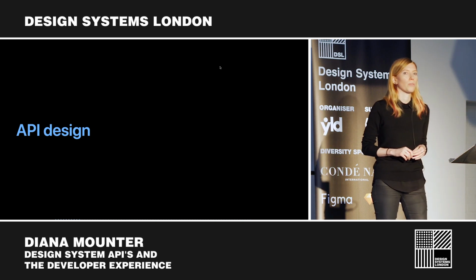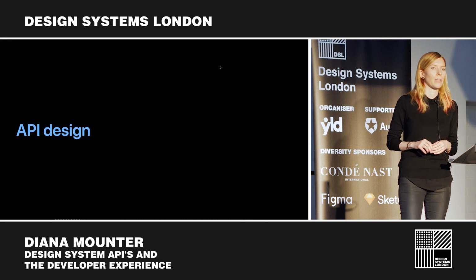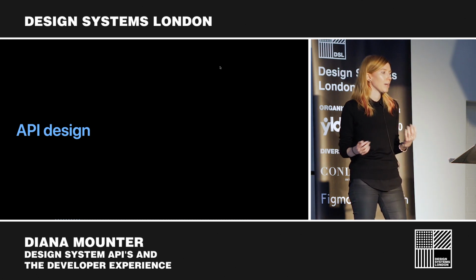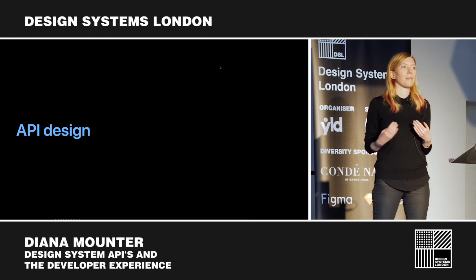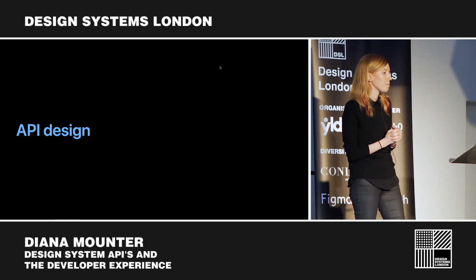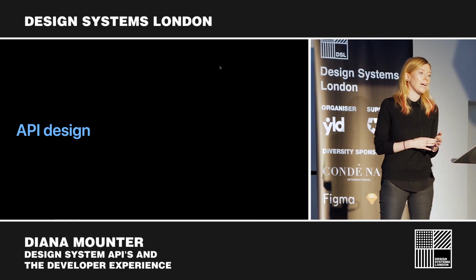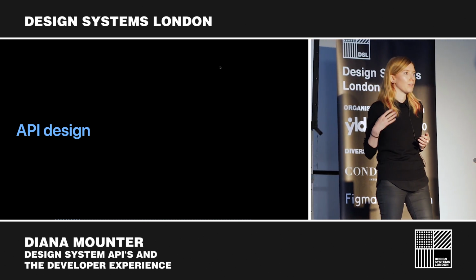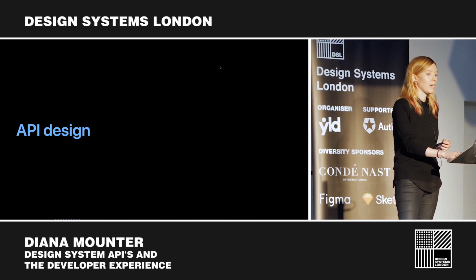So I wanted to start off talking about API design. I think maybe a few people have used this expression. API is Application Programming Interface. It's a very important part of your design system. It's the thing that developers interact with. It's your class naming conventions. It's the names of your components. It's your props and prop types.